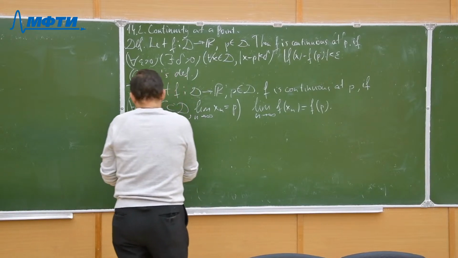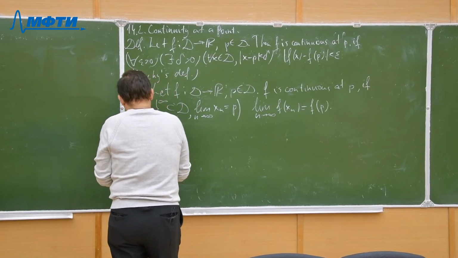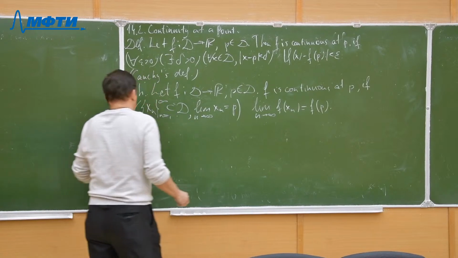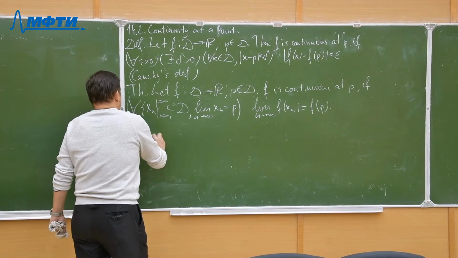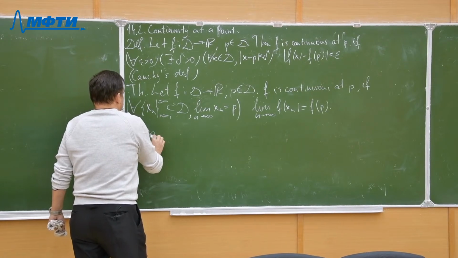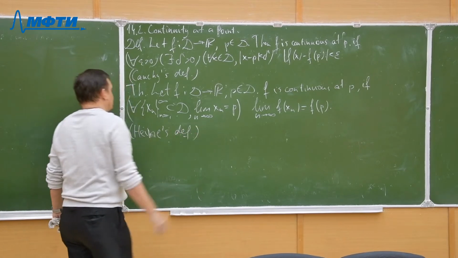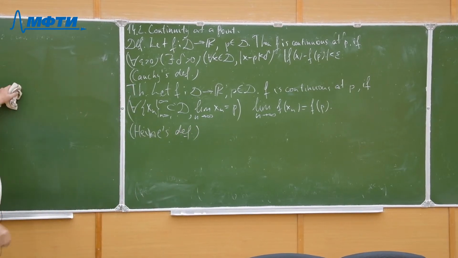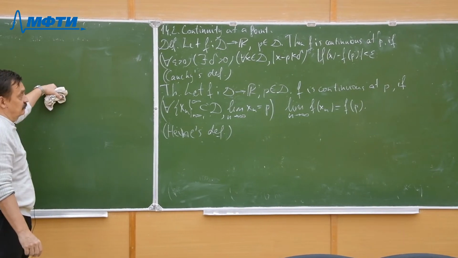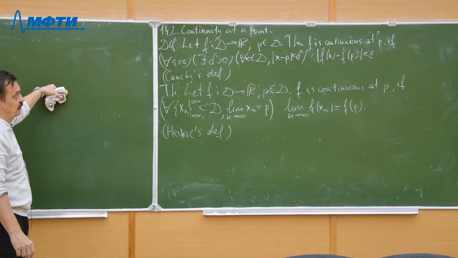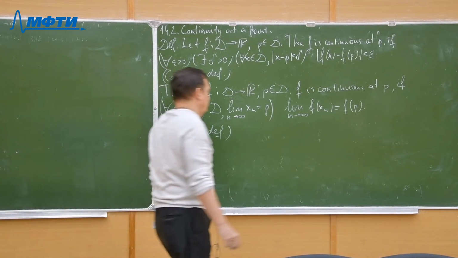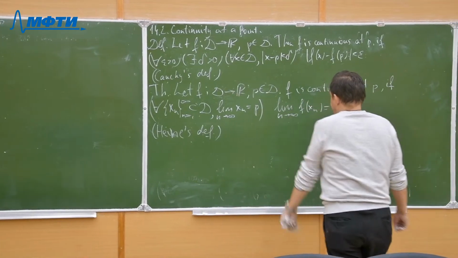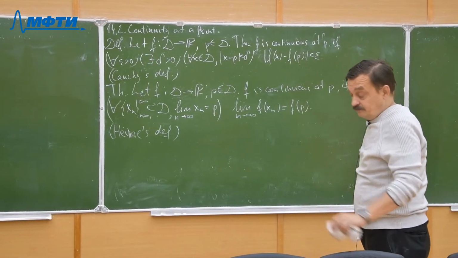Proof. The proof is quite analogous to the proof of the equivalence of the Cauchy and Heine definitions. In fact, we can refer to the theorem about the equivalence between the Cauchy and Heine definitions of the limit, but to refer to that theorem, we need to be careful.